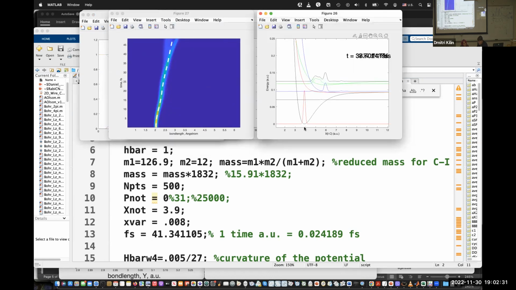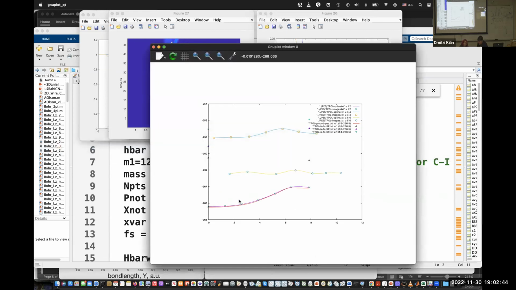So the lower line is a portion from 0.4 to about 0.8, not for methyl iodide, but for your TPOL molecule. So it shows how much energy is taken to induce dissociation of this molecule if you stay in the ground state.